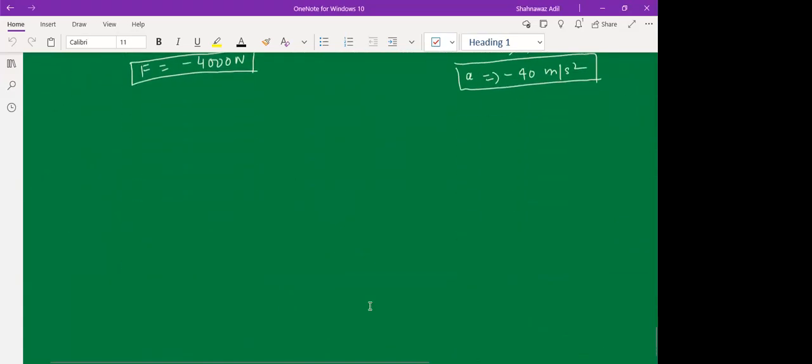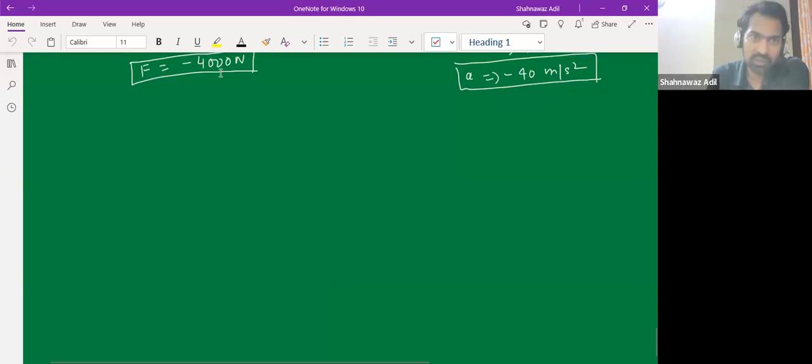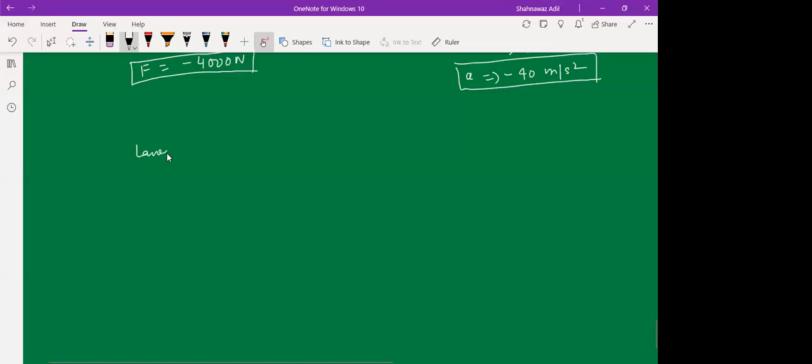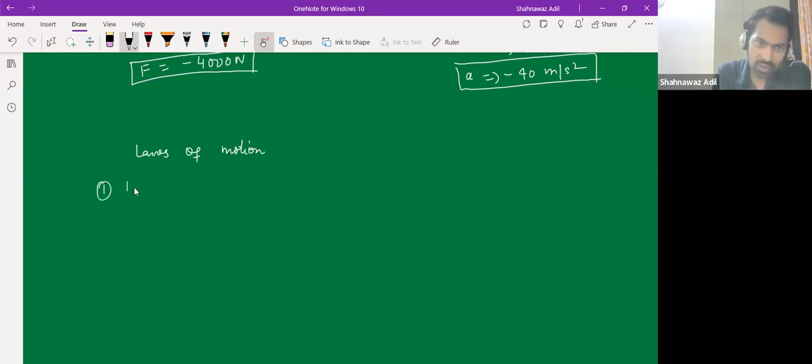So we started laws of motion, and in laws of motion we understood about the law of inertia, right? So first law was the law of inertia.